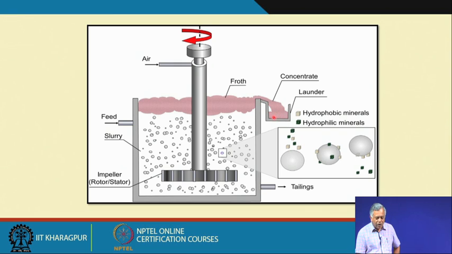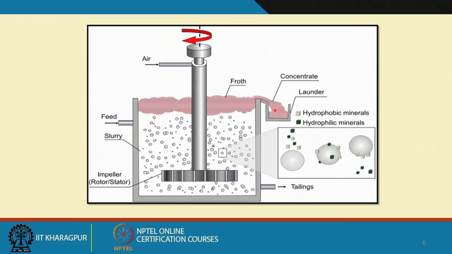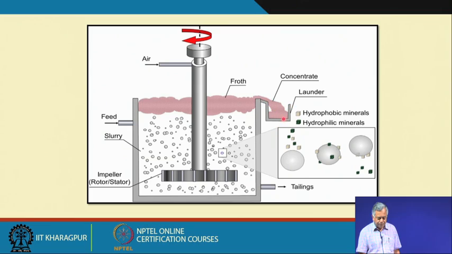You will be collecting a much lesser quantity of water than what you have fed, because the water in the top layer will be very little, since you have a thick froth layer. So, basically you have concentrated your hydrophobic particles into this launder, and you have left your hydrophilic particles inside the flotation chamber.